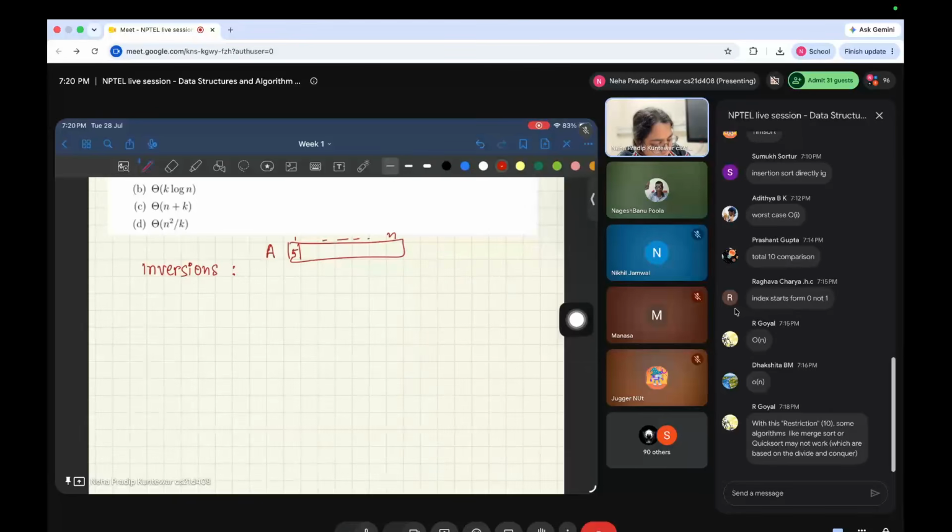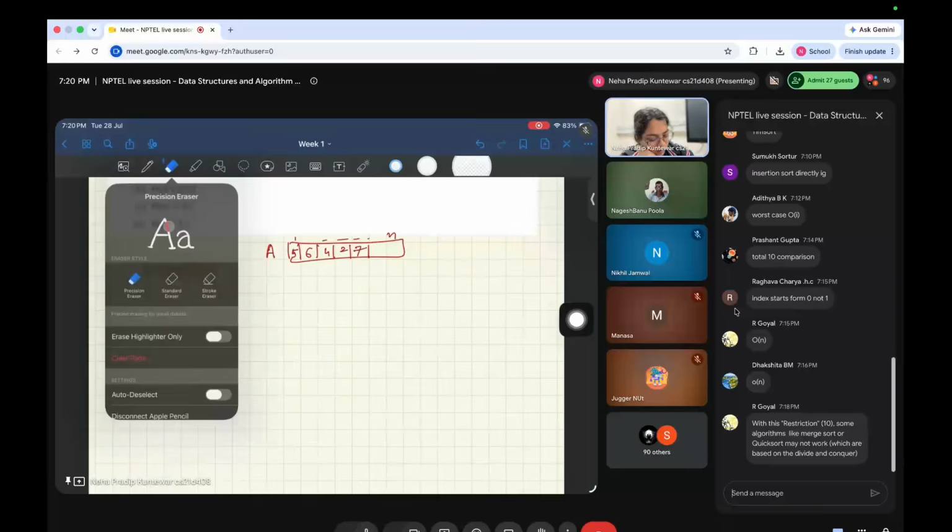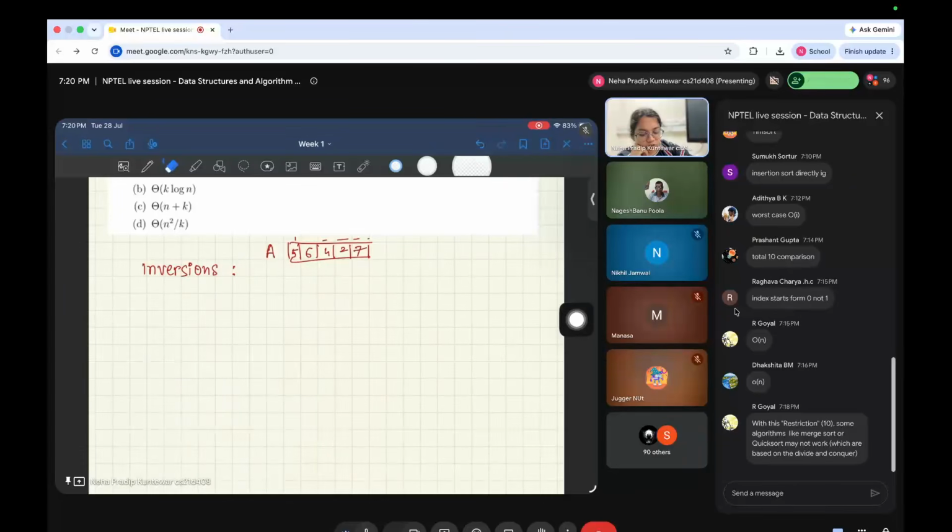So let's say this is 5, 6, 4, 2. Okay, so let's say this is my array. This is not sorted right now. Elements are in this order. If you look at the elements a1 and a2, a1 is smaller than a2, and index 1 is smaller than index 2.